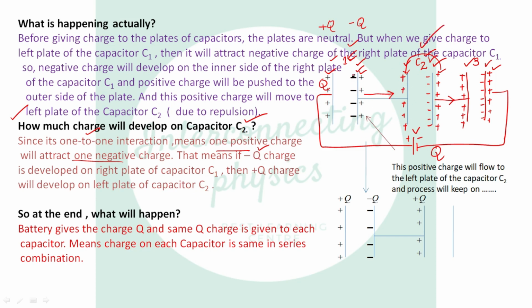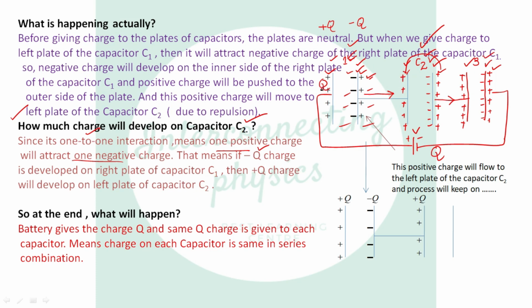Because this is one-to-one interaction: if one negative charge has come to the inner side of the right plate, one positive charge will come on the outer side of the plate. So an equal amount of positive charge will move toward the left plate of capacitor 2. Again, an equal amount of charge will move toward the left plate of capacitor 3.